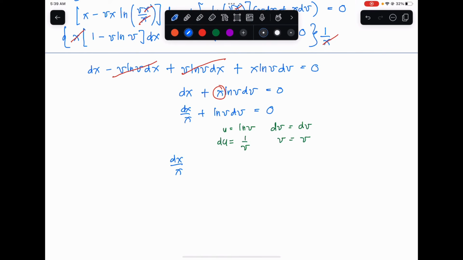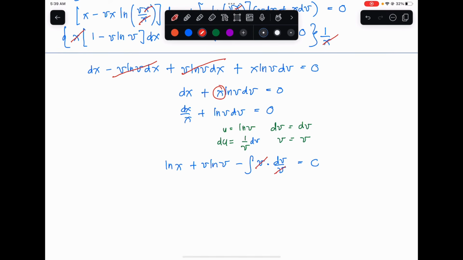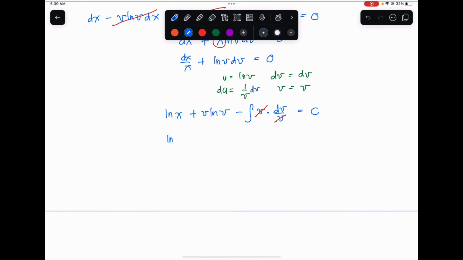So dx over x we can integrate right away. dx over x is ln x, and then uv, so plus v ln v, minus the integral of v du, which is v times dv over v, equals c. The v over v cancels out, giving us ln x plus v ln v minus v equals c.